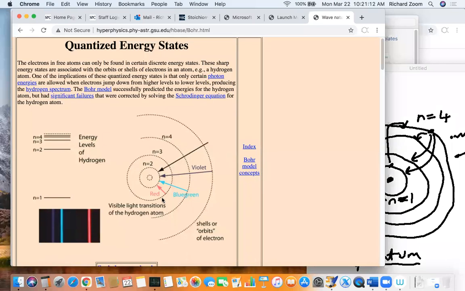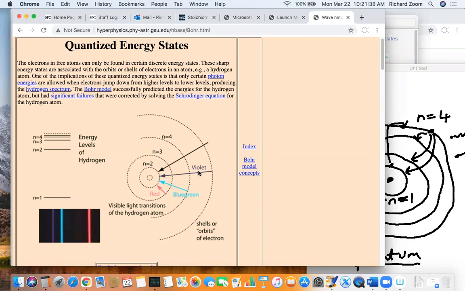All right. So this is a good one, I like this one here. What I'm suggesting here is that an electron has been sent out to n equals 5. And you can see that when that electron comes back down to n equals 2, it releases a photon that actually is violet in color.